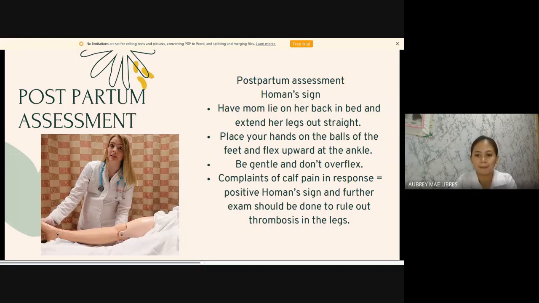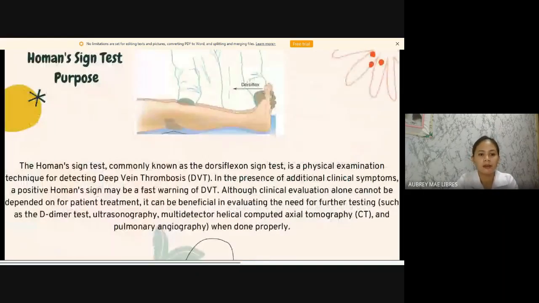So the Homans sign is a test commonly known as a physical examination in the presence of additional clinical symptoms. A positive Homans test may be a first warning. Although clinical evaluation almost cannot be depended on for the patient's treatment, it can be beneficial in evaluating the need for further testing such as the D-dimer test or ultrasonography.